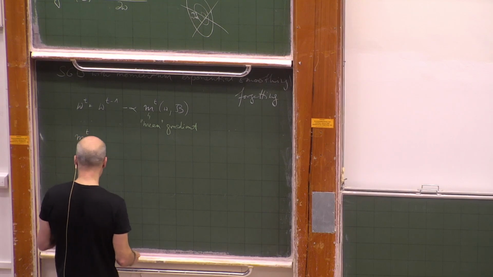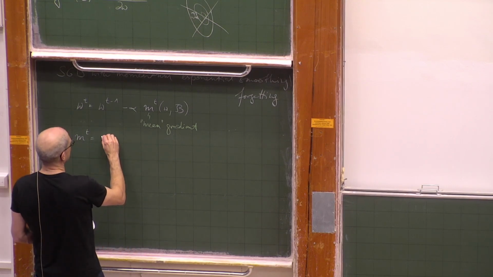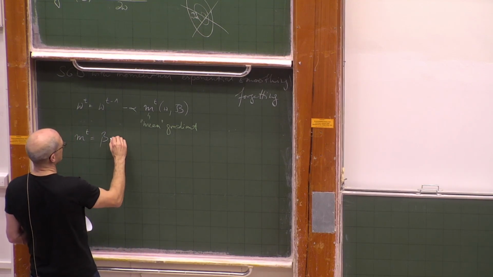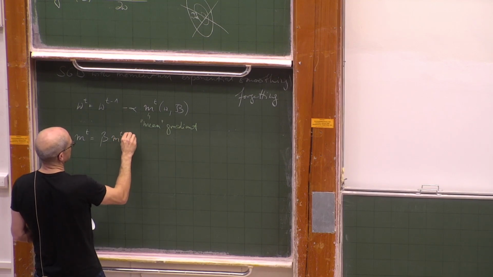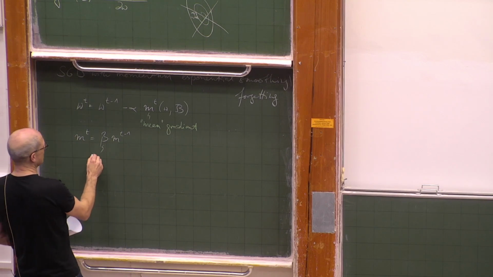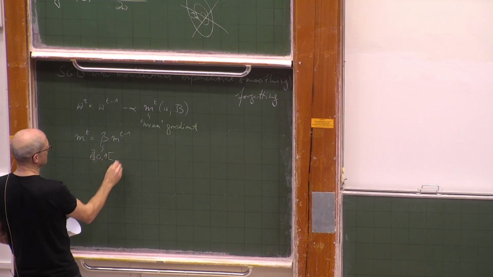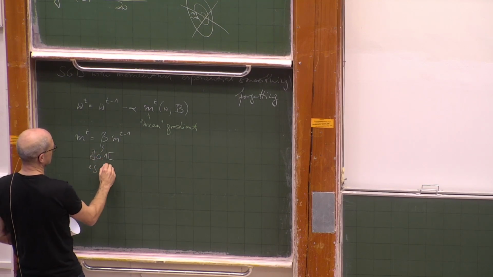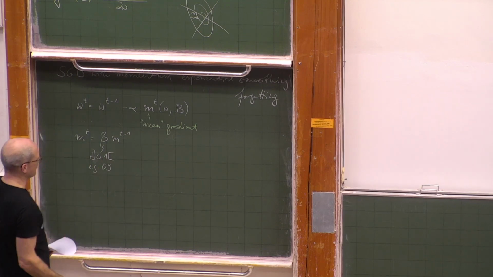So the mean gradient at time t is given by some parameter beta times the mean gradient at time t minus 1. And this beta can be a number in principle between 0 and 1. And in practice, it is often set to something like 0.9.